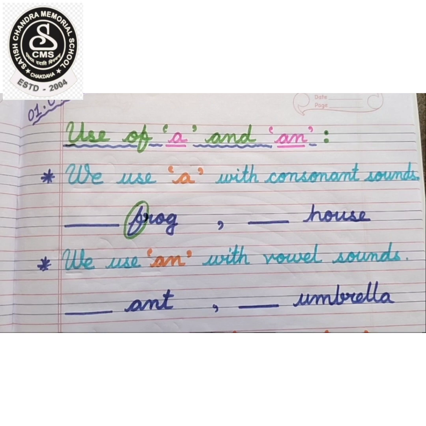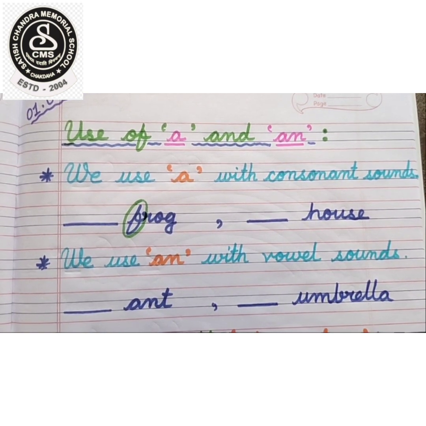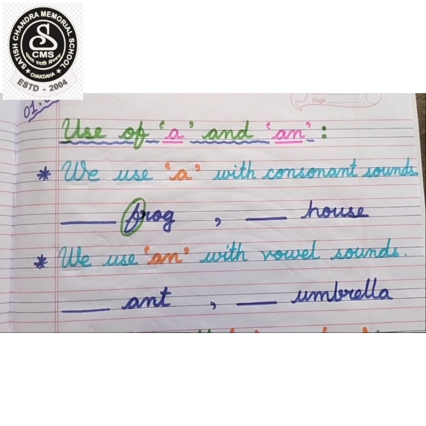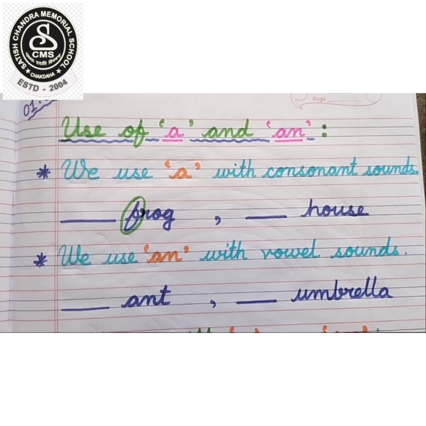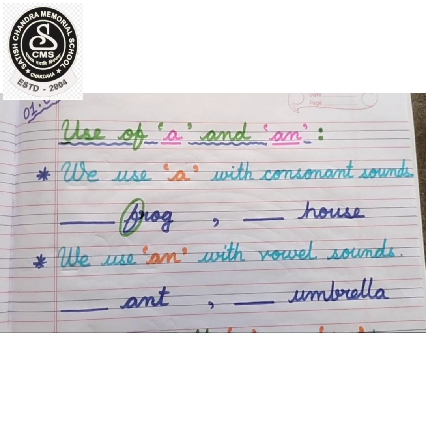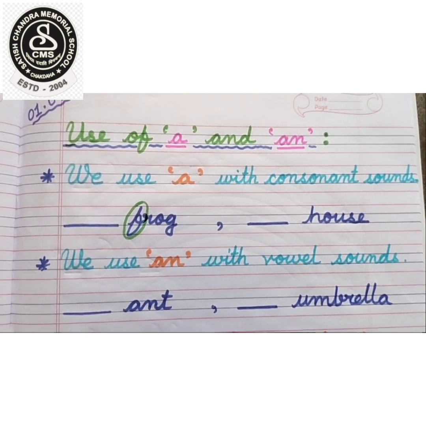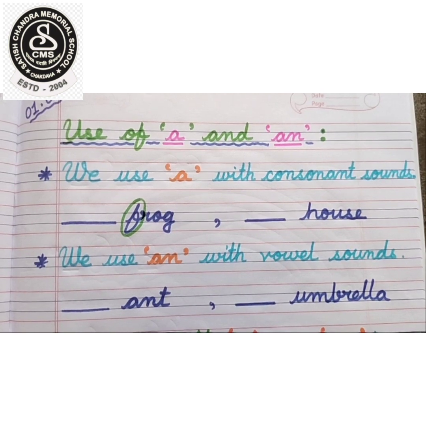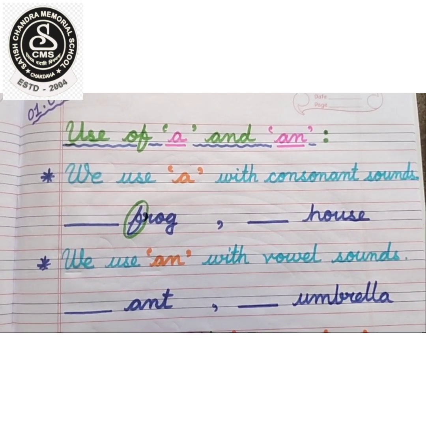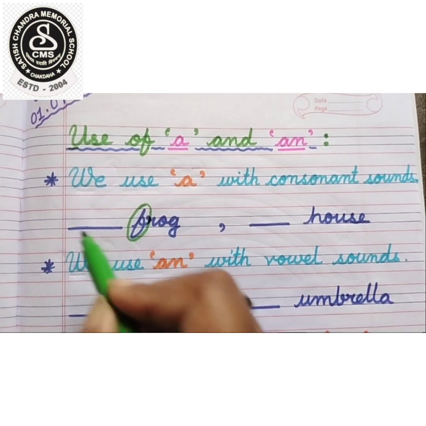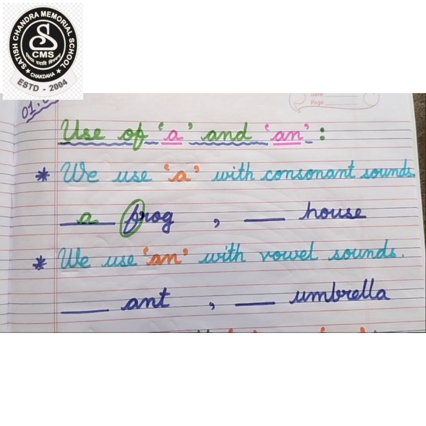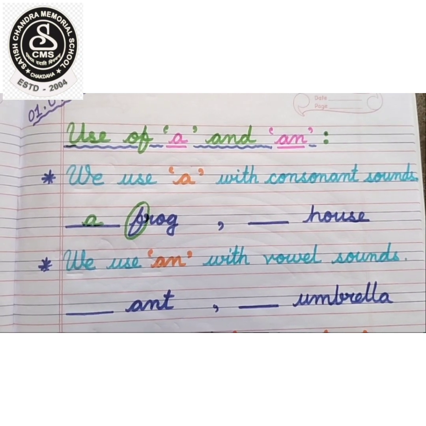And what is the sound of F? The sound of F is F. So we use A before consonant sound. So F is a consonant alphabet and F is a consonant sound. So before frog we will write a frog.